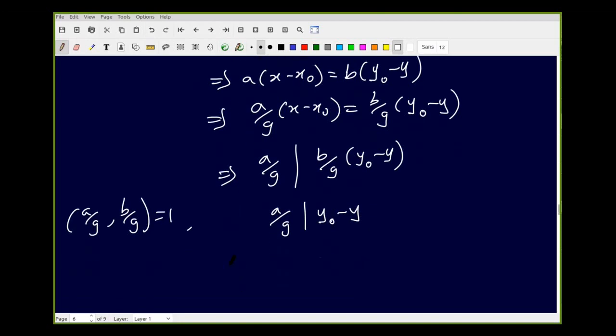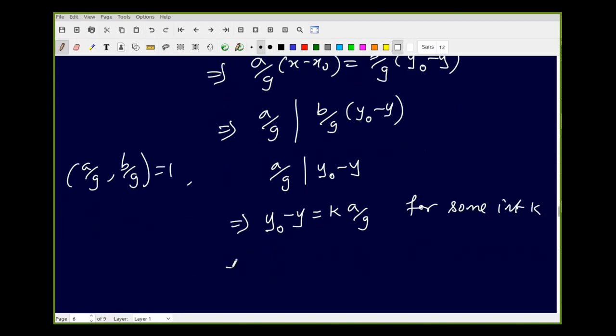Which implies that y₀ − y is a multiple of a/g, for some integer k.